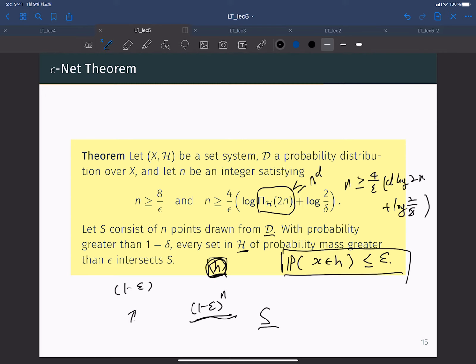So we cannot multiply the cardinality of hypothesis set H here. Previously we simply multiplied the cardinality of H and found the size n that satisfies this.